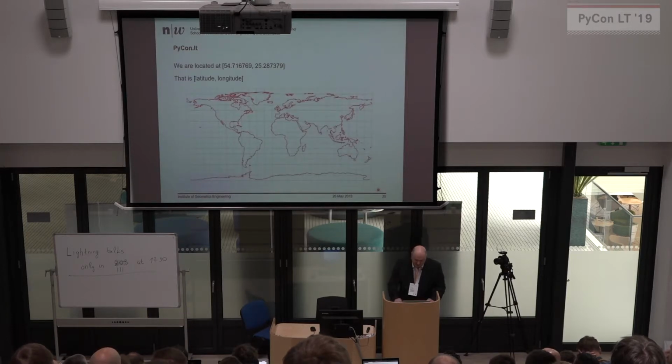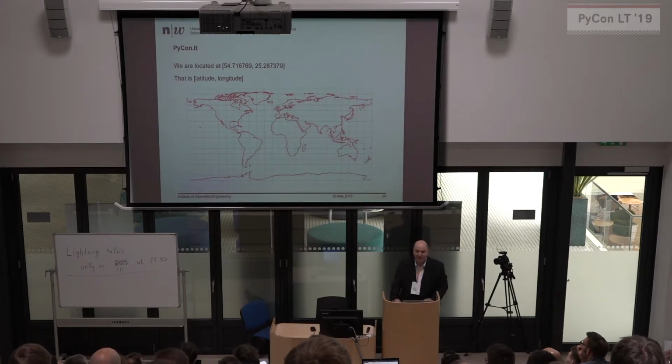So let's look at this example. We are located at this position, 54 25. You see the problem? So what is 54? It's the latitude. So it's here, 54 up, and 25 would be around here.